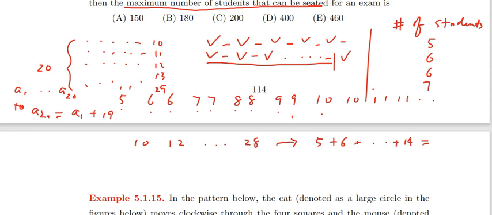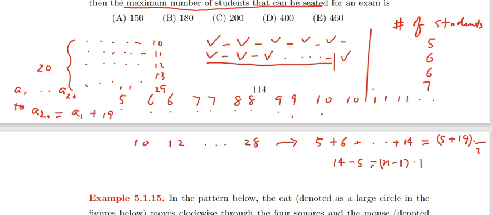The sum equals 5 plus 14, multiplied by n, divided by 2. So what is n? This minus this plus 1. We need to find n: 14 minus 5 equals n minus 1 times d.